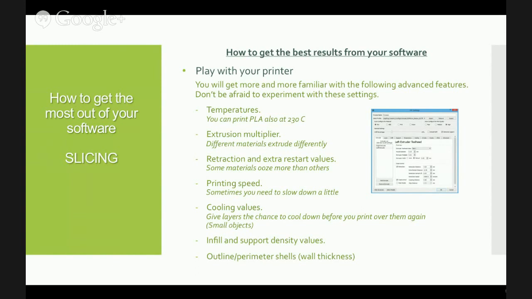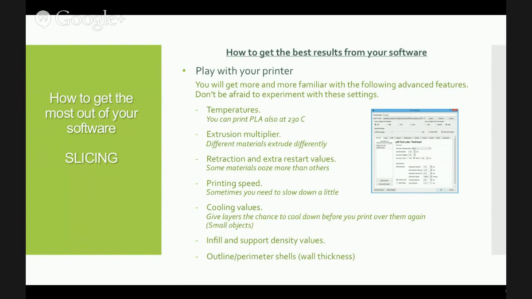And also after retraction, the printer will push back the filament into the nozzle. And there's a feature that's called extra restart distance. And you can increase that restart distance. So make sure that when it starts printing with the other nozzle, when you're switching nozzles, that it actually starts printing and not that it first makes a couple of runs with a dry nozzle.